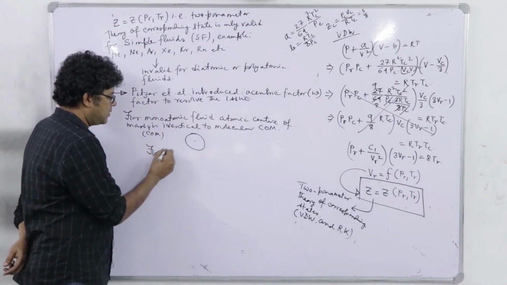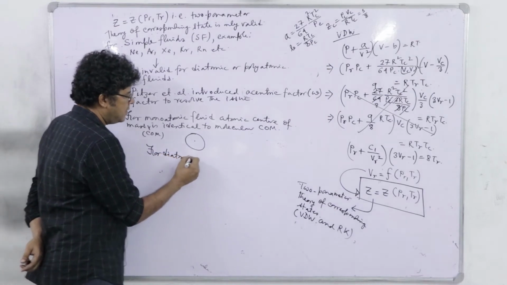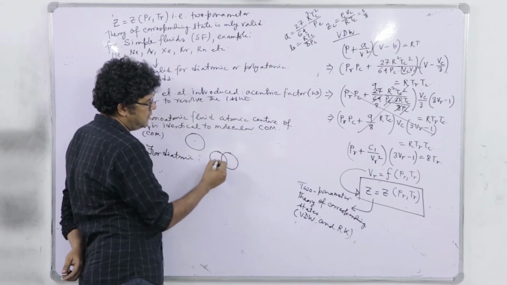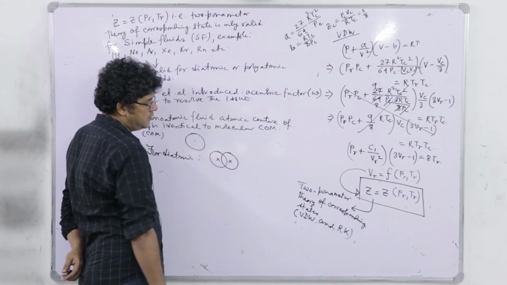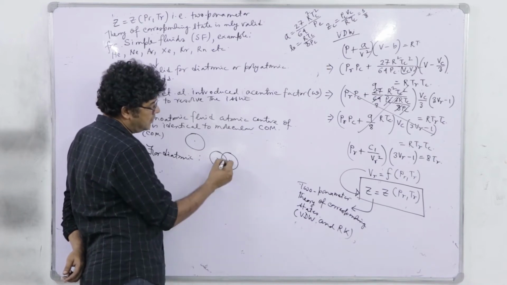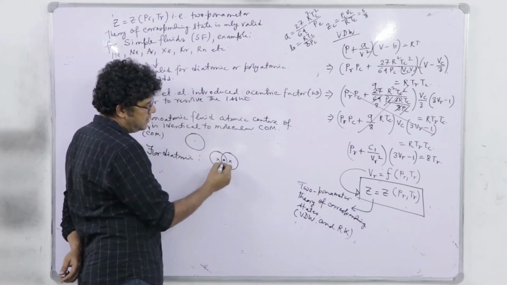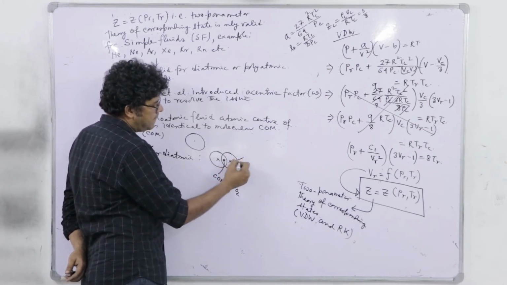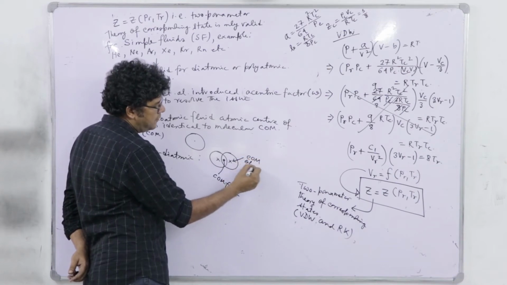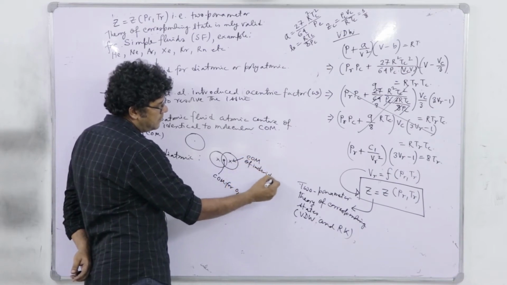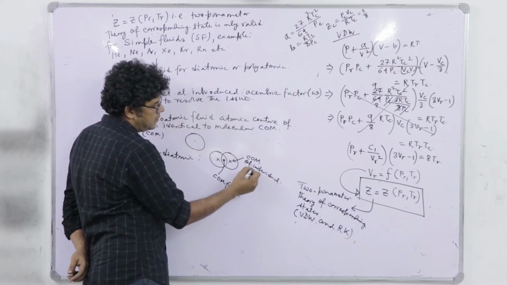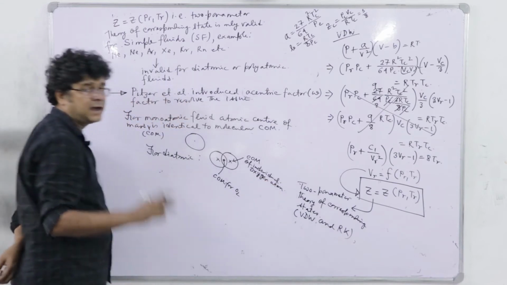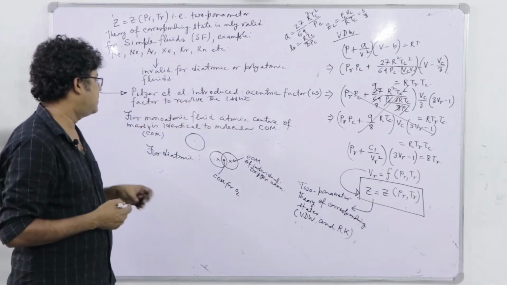For diatomic, like oxygen, say there will be individual atoms, so these are the individual centers of mass for the atoms. However, the molecular center will be somewhere over here. So, this is the center of mass for O2, and the center of mass of the individual oxygen atoms, and the same is true for polyatomic gases as well, you can understand, right.